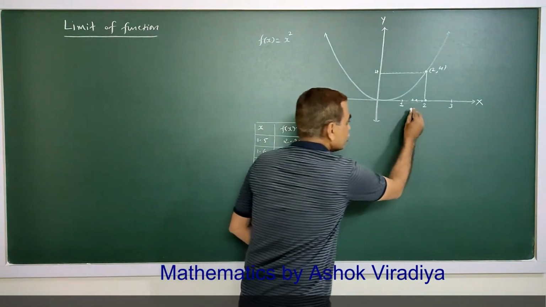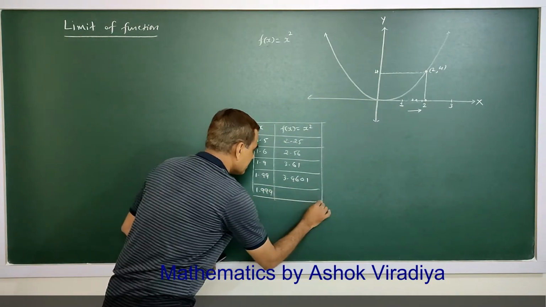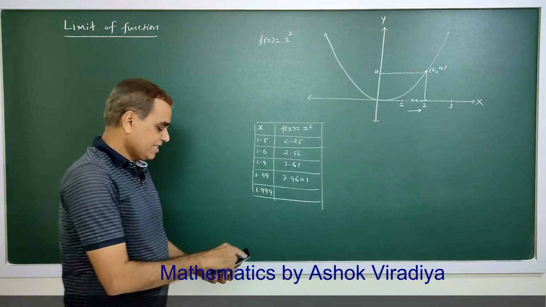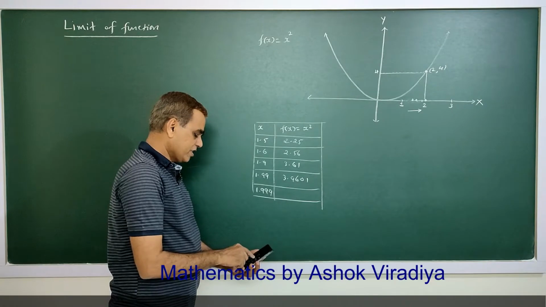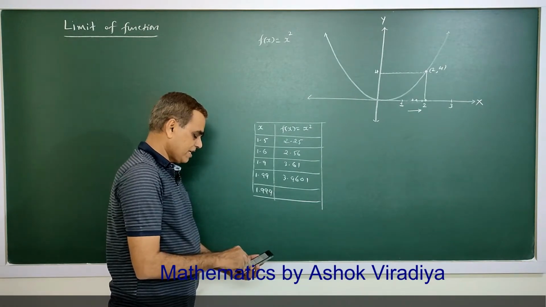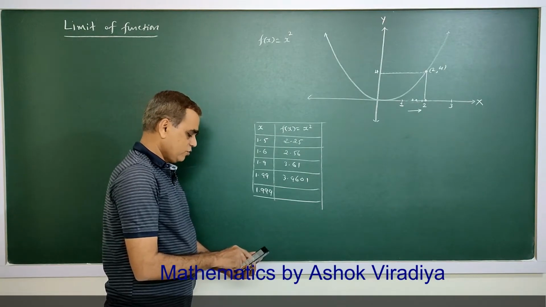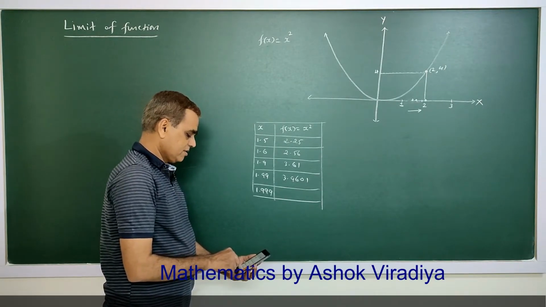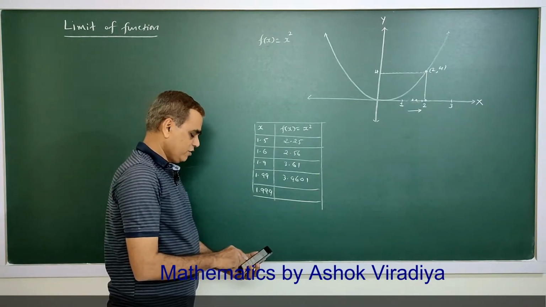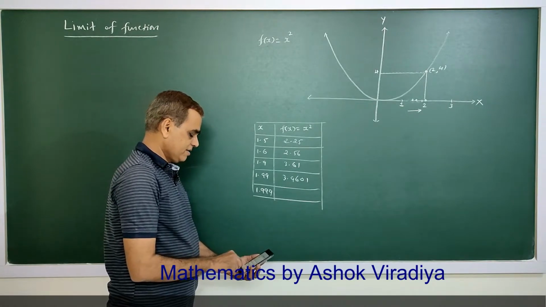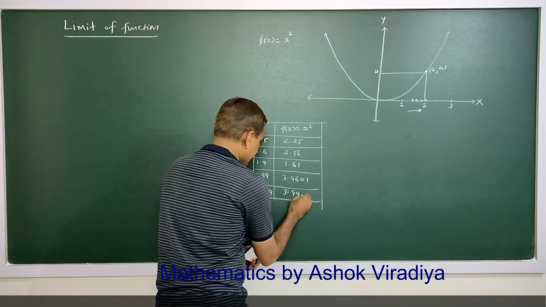Go near and near towards 2. Suppose I take here 1.999. If we take 1.999, then calculating its square, 1.999 into 1.999, this will be 3.996.